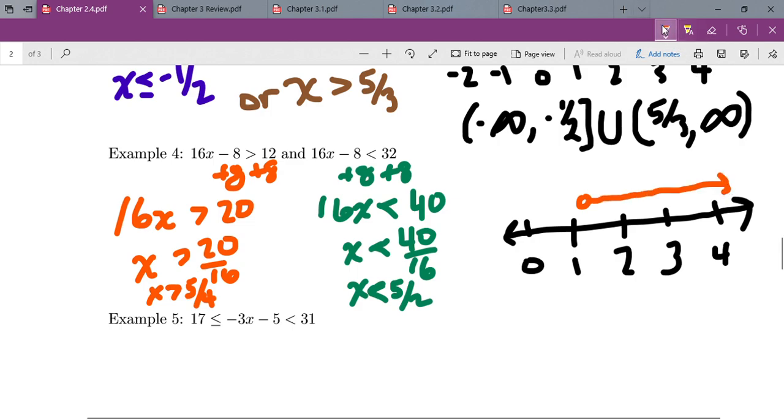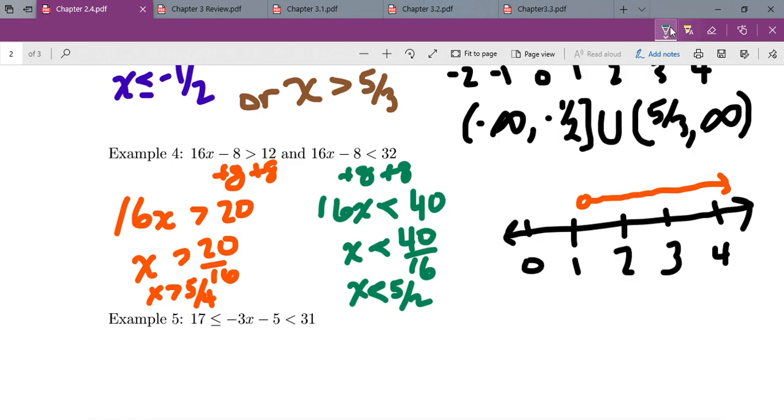Okay. Now for the other piece I need to graph it as well. x is less than 5 over 2. So 5 over 2 is the same thing as about 4 1/2. So I should have extended my number line here to include that, shouldn't I?